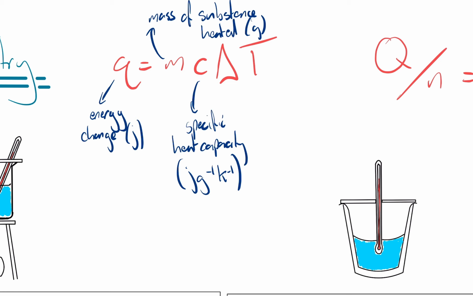And again, that's generally going to be the specific heat capacity of water, which is 4.18. We don't need to remember that, we're told it. And delta T is the change in temperature. Which is measured in kelvins, but because we're measuring a change in temperature, we don't need to do any conversions. And I'll explain that in our example.